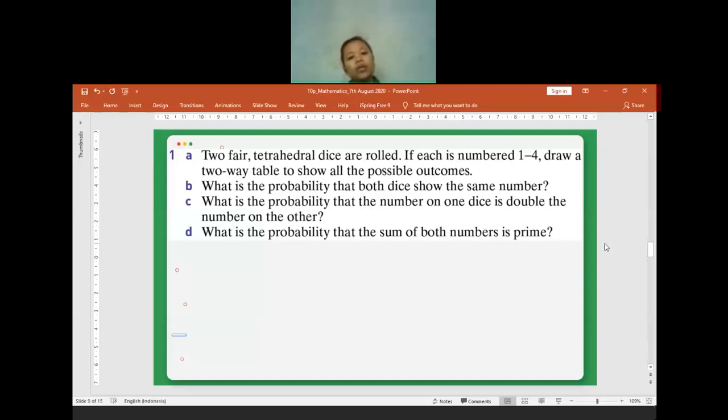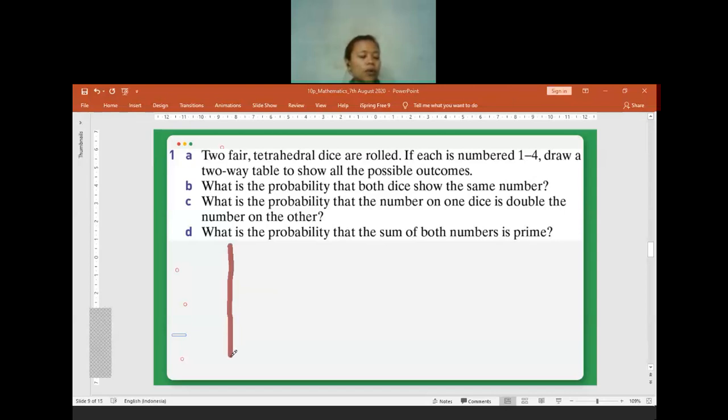If it is only 2 dice, you can make a 2D grid, or you can make a tree diagram. Which one do you want to pick? Oh, sorry, the question asks us to make a two-way table. So it means we have to use the two-dimensional grid.